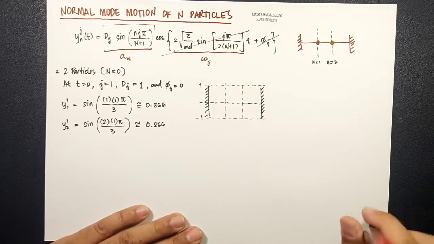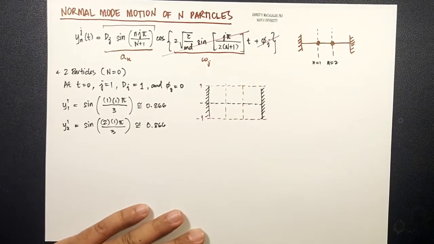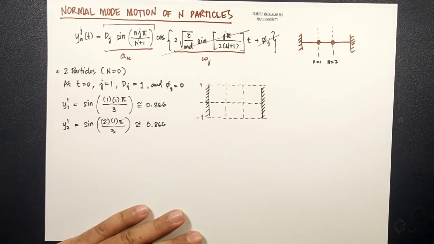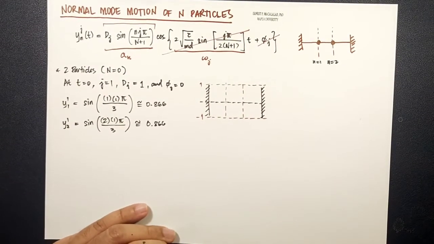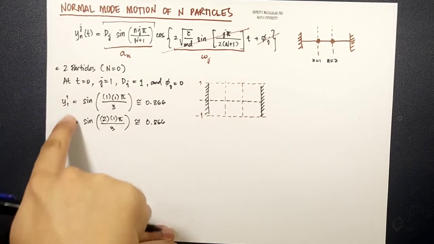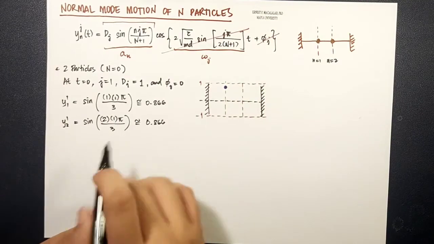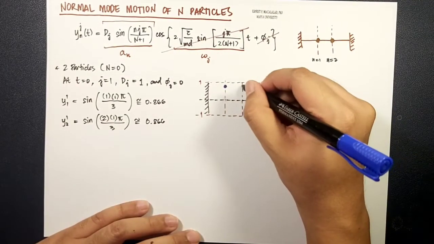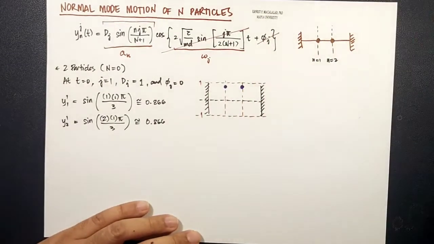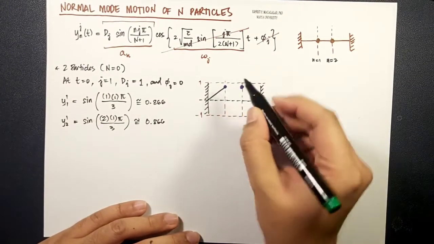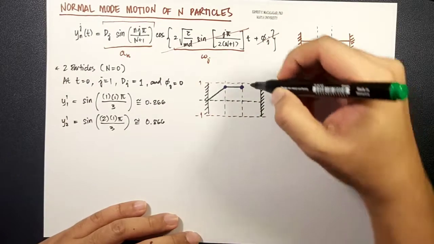So for time equal to 0 at the first mode, the first particle will be here, at 0.866, and the second particle will be here. If we connect it, it would look like this. This is your first mode.